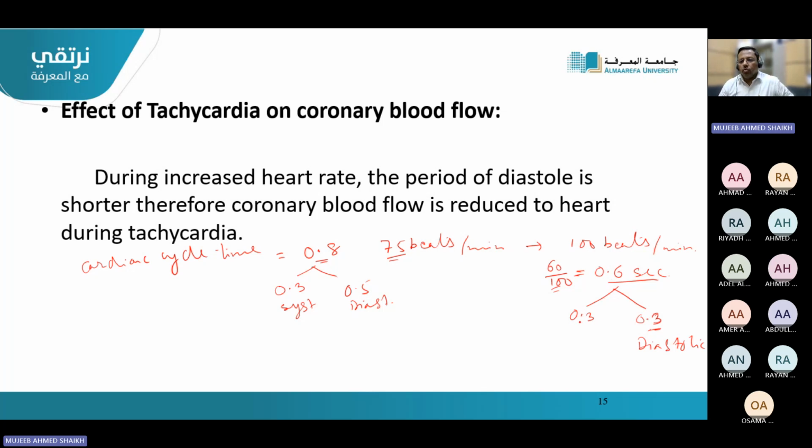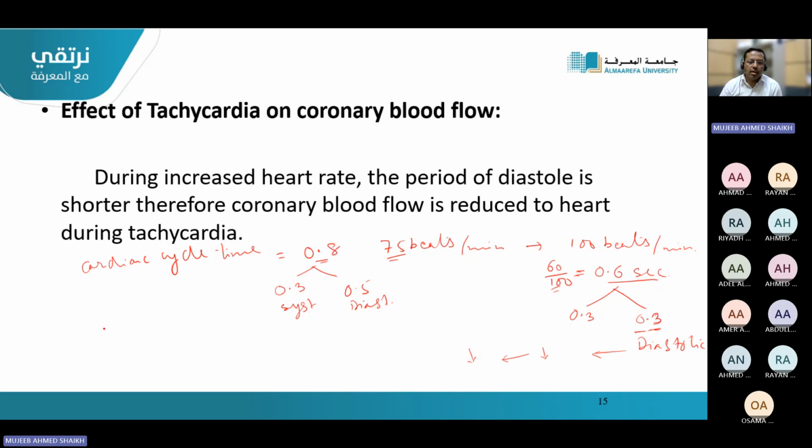We told you before that circulation to the left ventricle is maximum during which phase? During diastole. If diastolic time is decreasing, what will happen? Decreased blood flow.